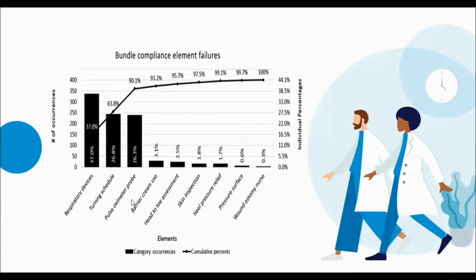The pulse oximeter probe will be changed every 2 hours, 1 hour and a half, 90 minutes. It should be frequent. If any probe is under the patient, or a probe inserted for the ventilated patient, it can cause a pressure ulcer.